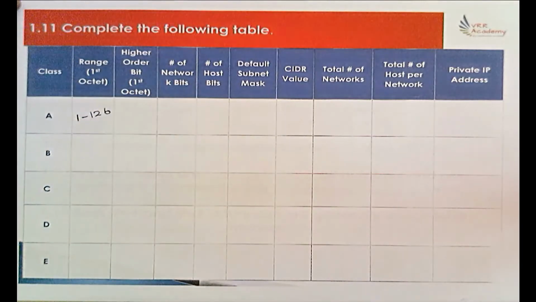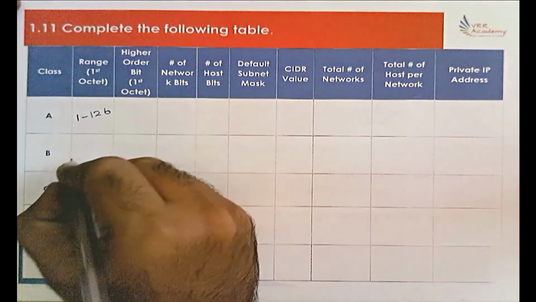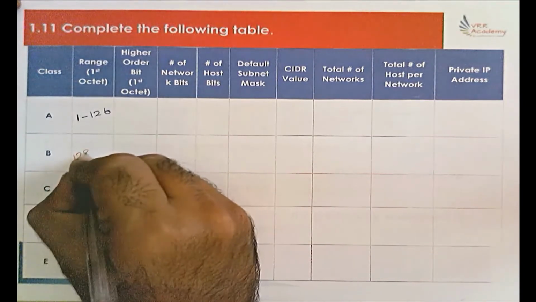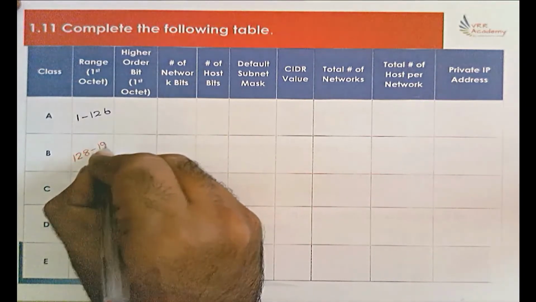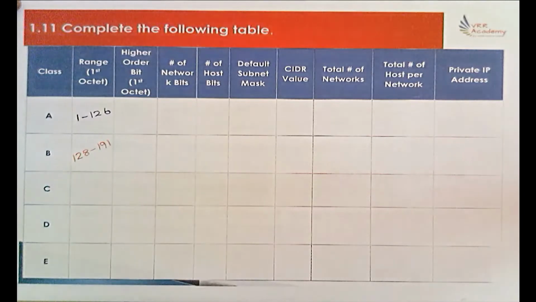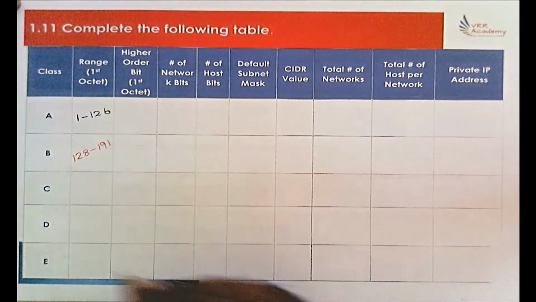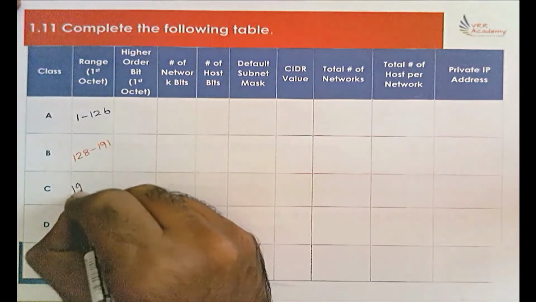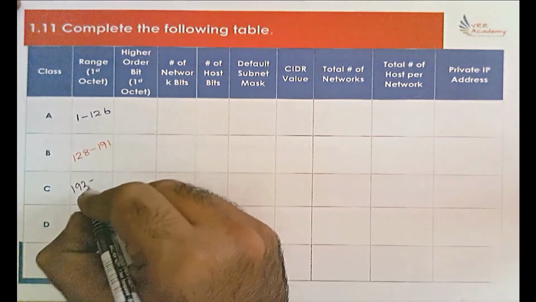If you take class B, the range is from 128 to 191. So this is the range of class B IP address. For class C, the range is 192 to 223.